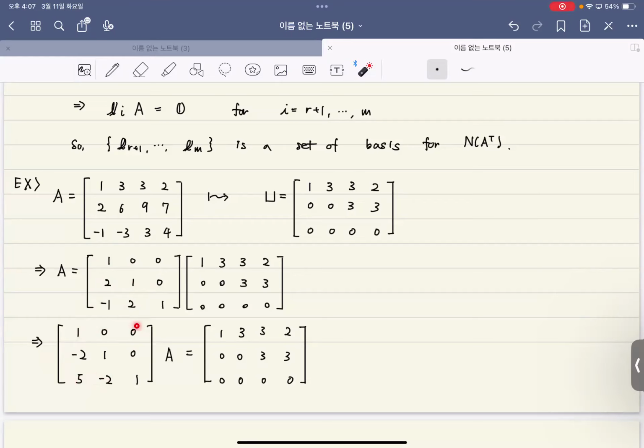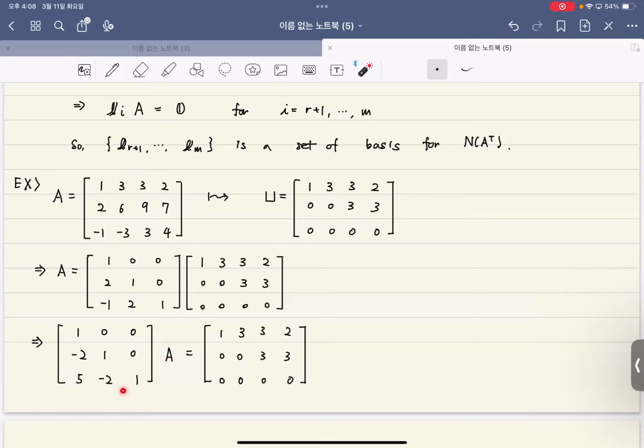Now, from this last equation, can you find the basis vector of the left null space of A? Yes, because the last row on your right is the 0 row, that implies this vector multiplied by A is going to be 0, right? And is there any more basis? No, this is it, because this is a rank 2 matrix. Therefore, 3 minus 2, which is 1. So we know that the left null space of A is 1-dimensional.